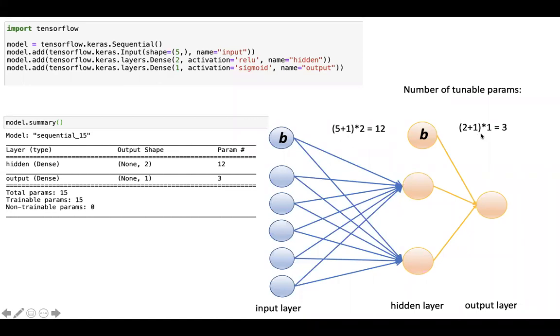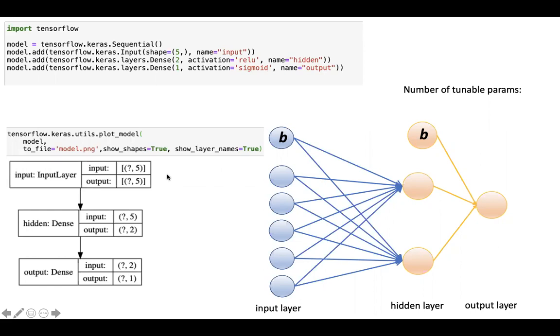And similarly, we calculate the parameters for the second layer, and here it's 3 tunable parameters. So in total, we have 15. We can recheck it from the model summary function, where we have the name of the layer, the shape, and the number of tunable parameters. And we can see that we calculated everything correctly.